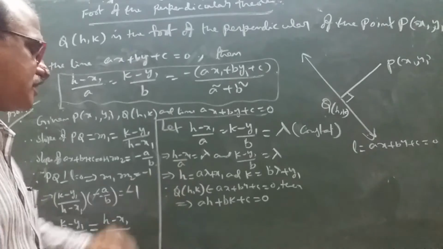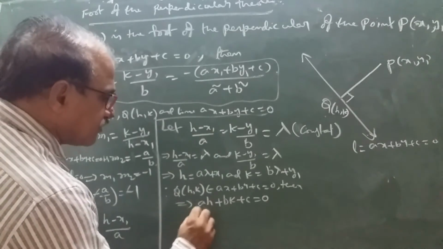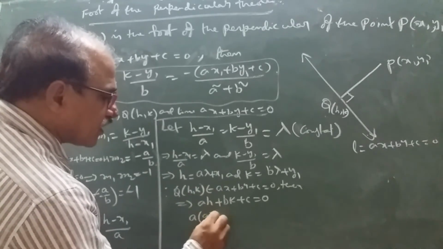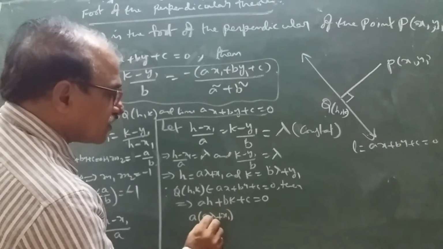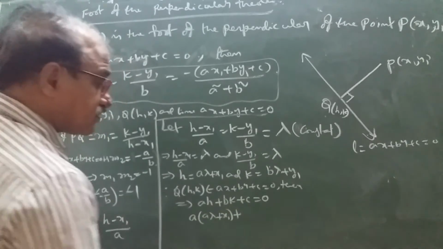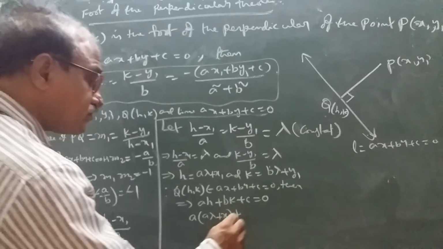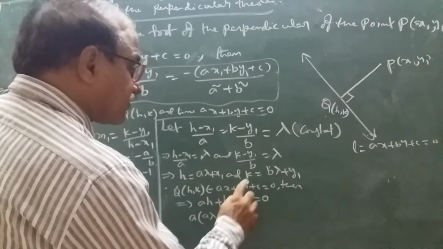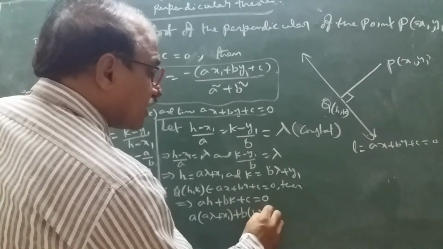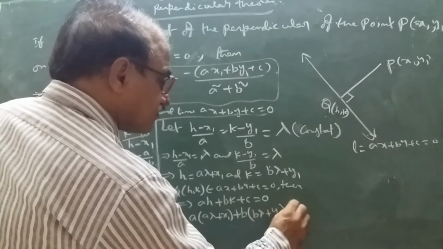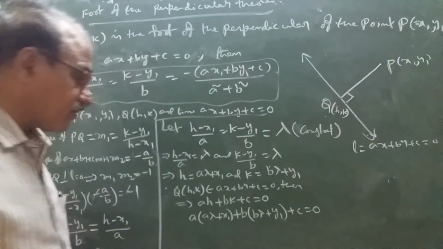What is the value of h? a(a lambda + x1) + b(b lambda + y1) + c = 0.